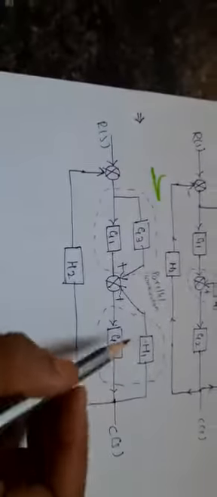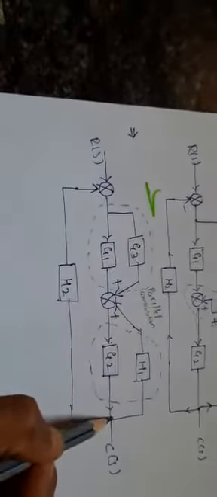It is going like this and this is also going like this, so these two are in parallel combination. Here it is moving and part of the output is feeding back to this summing point, so it acts as a minor loop.